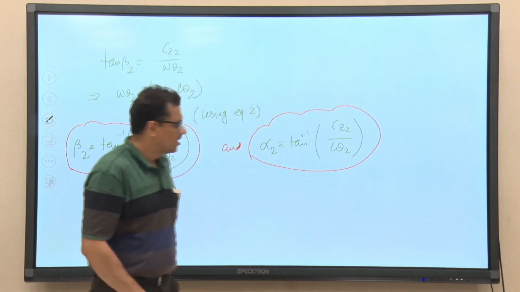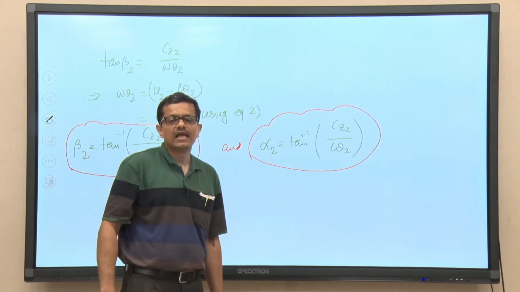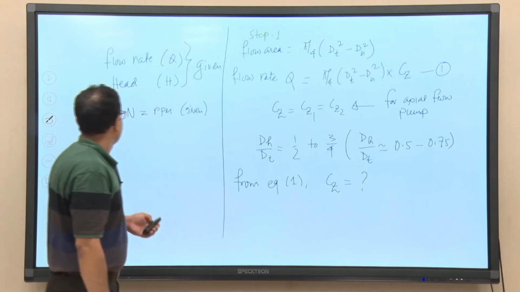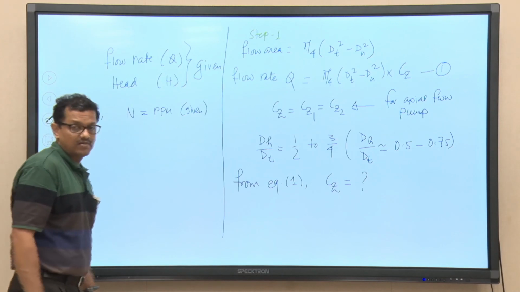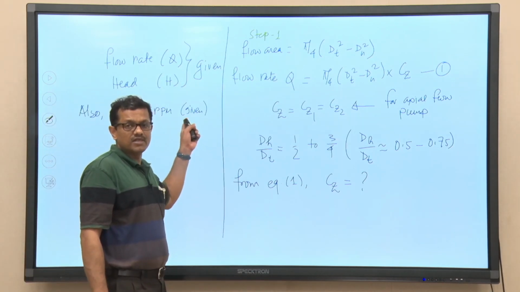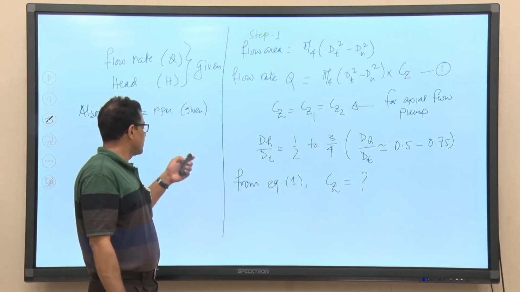Finally, we also discussed several issues of axial flow pump design, provided 3 pieces of information are given: flow rate, head and RPM.